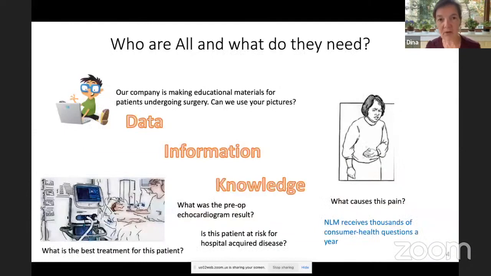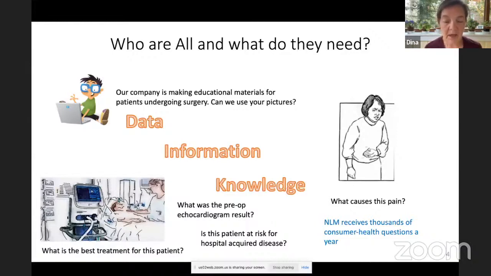So who are all and what do they need? These are some examples of the requests that we are getting at the National Library of Medicine. So for our image search engine, we get these requests from the educators to use the pictures from biomedical publications for educational purposes. The patients submit two types of requests.